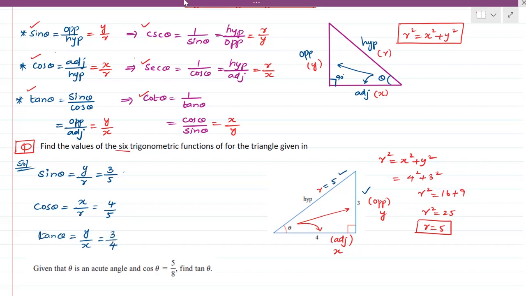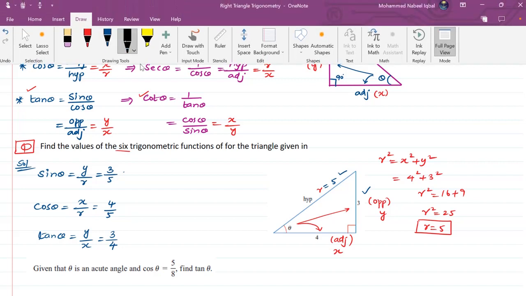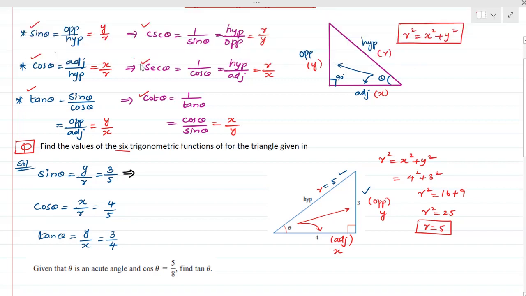Now similarly, I have to calculate the other three trigonometry functions by taking the reciprocals. What is the cosecant theta? It is r over y, the reciprocal of sine, which is 5 over 3. Now the next one, secant theta, is r over x, which is equal to 5 over 4.